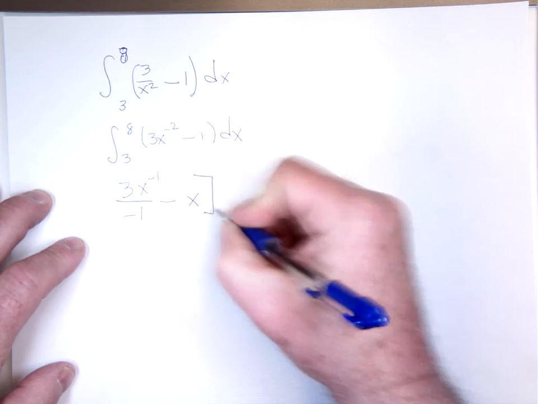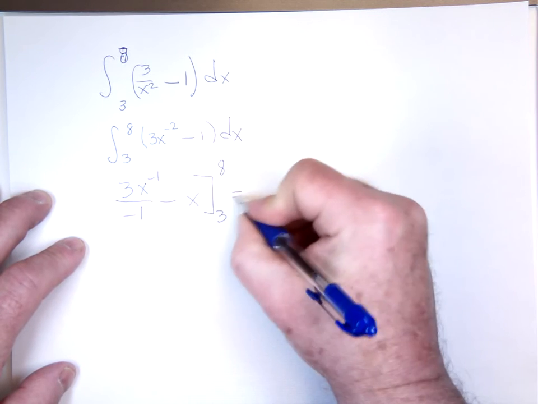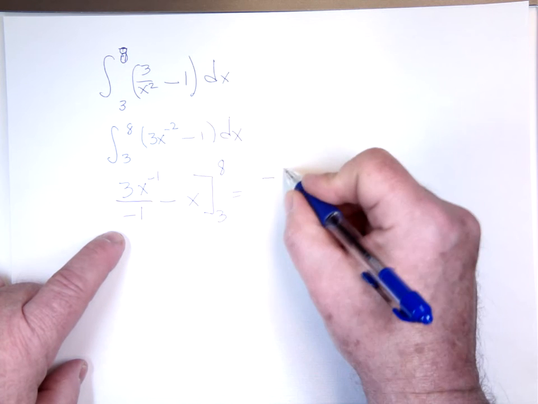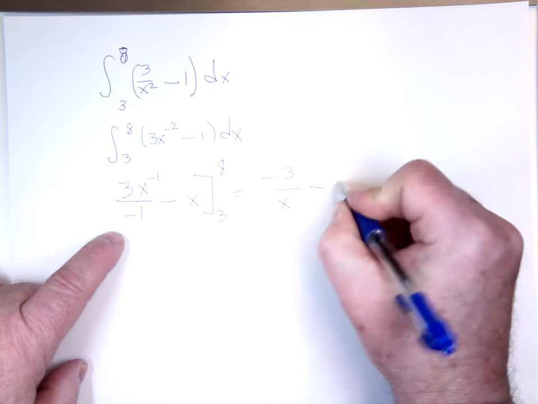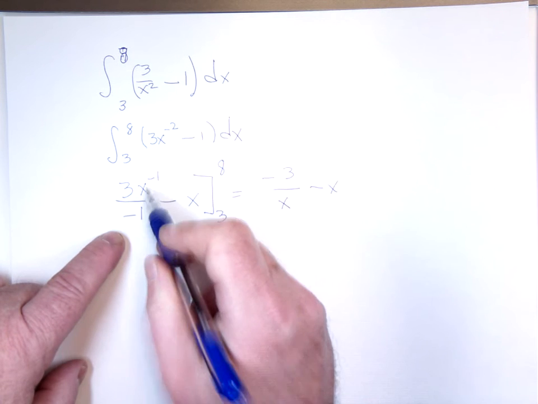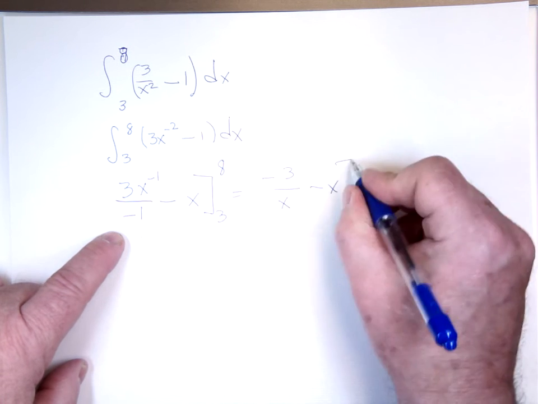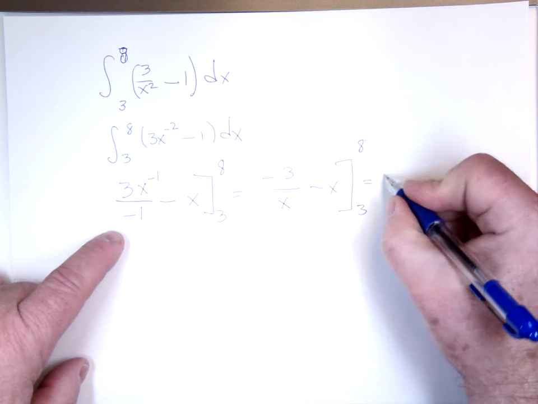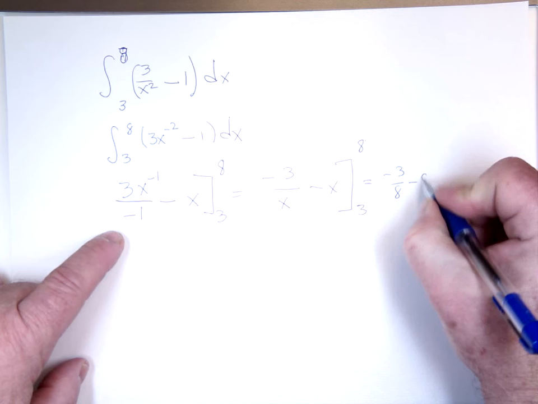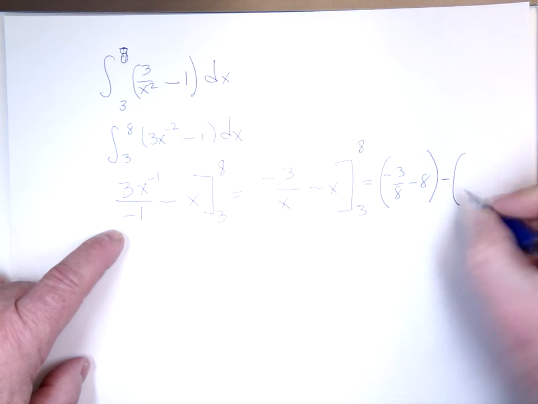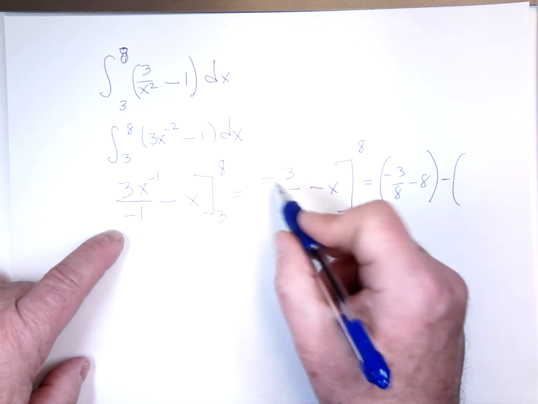I would rewrite this as negative 3 over x minus x, bringing the negative 1 up front and the x down here, evaluated from 3 to 8. It's just messy, this problem. Put an 8 in there, you get negative 3/8 minus 8, minus the value at 3: negative 3 over 3, which is negative 1, minus 3.